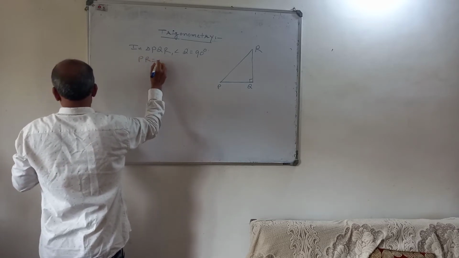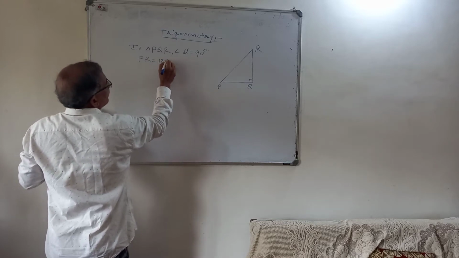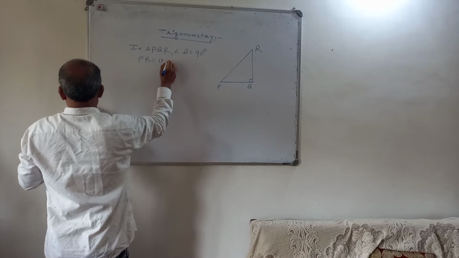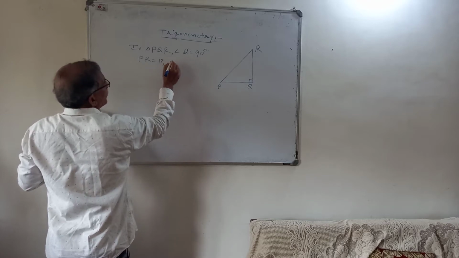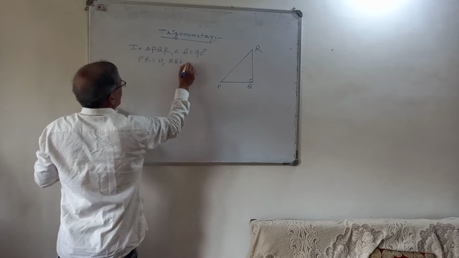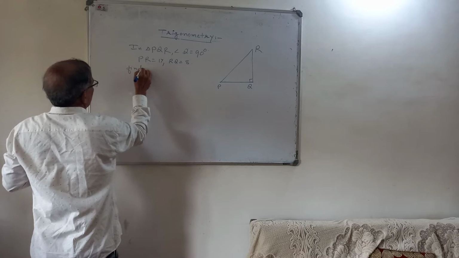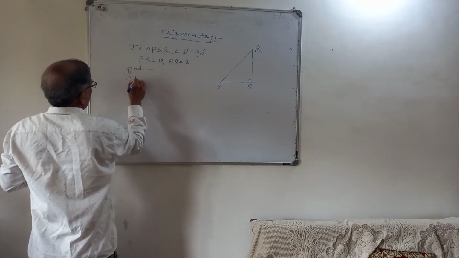PR is equal to 17. RQ is equal to 8. Find: 1.